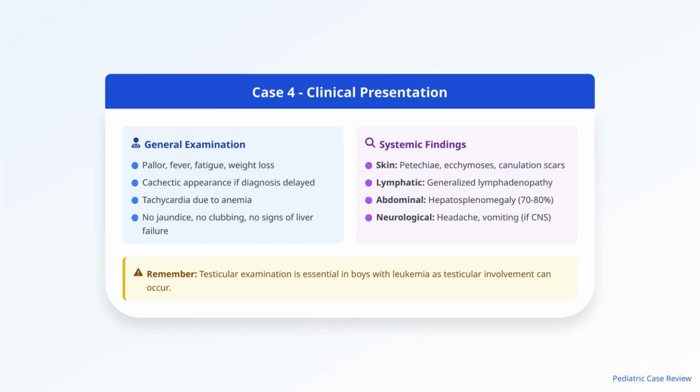Lymphatic examination often shows generalized lymphadenopathy, with cervical nodes frequently being the most prominent. Abdominal examination reveals hepatosplenomegaly in approximately 70 to 80% of cases. Skeletal complaints like bone pain, particularly in long bones, may be present. Neurological symptoms such as headache and vomiting may indicate central nervous system involvement, which requires prompt evaluation.